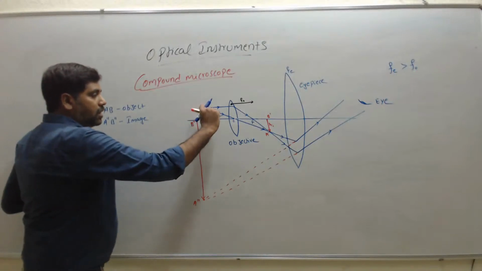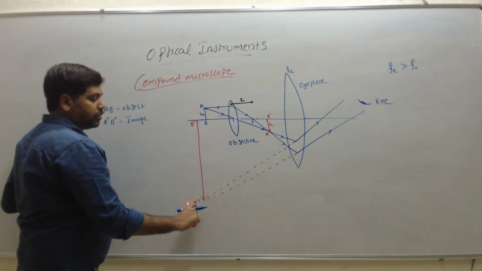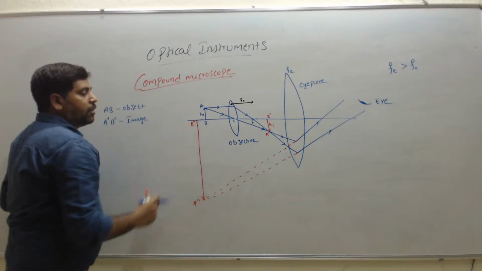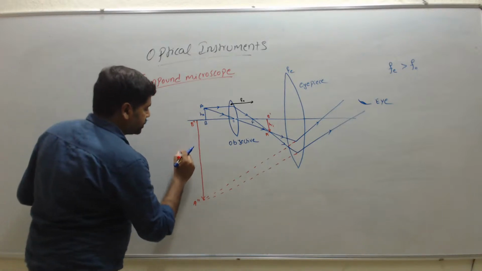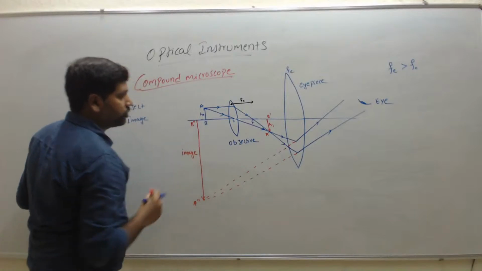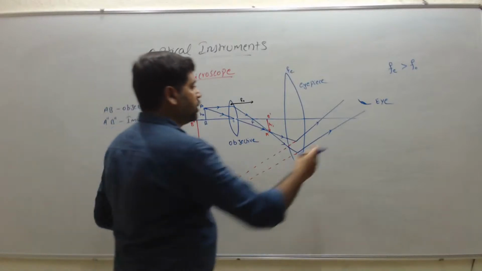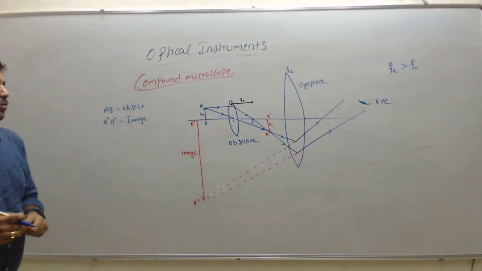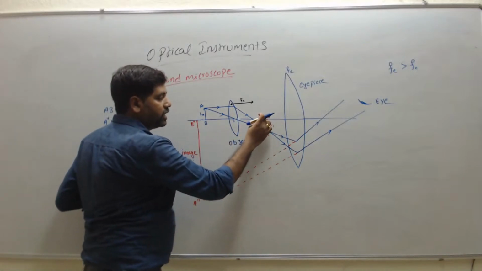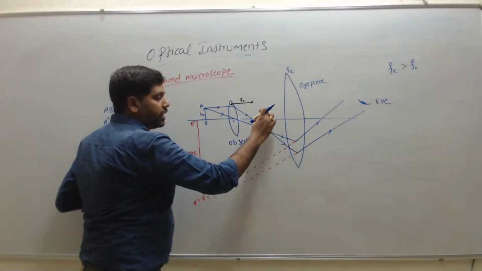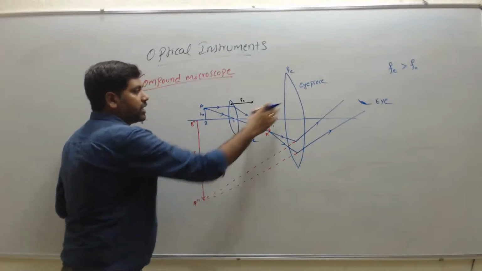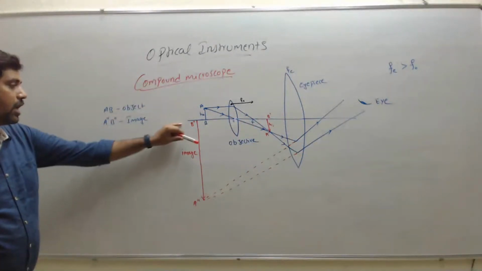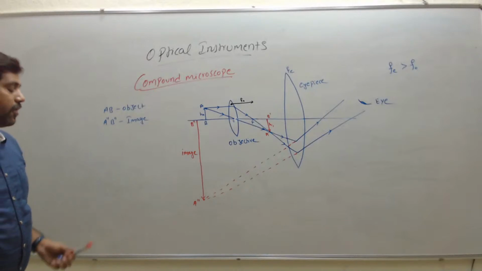If we see AB and A double dash B double dash, we can easily notice that this image is magnified, right? From the eye, we can easily see the image of the object. So in the first case the image is real and inverted, and in the second case, when it falls onto the second lens, that is the eyepiece, the image we get is magnified.